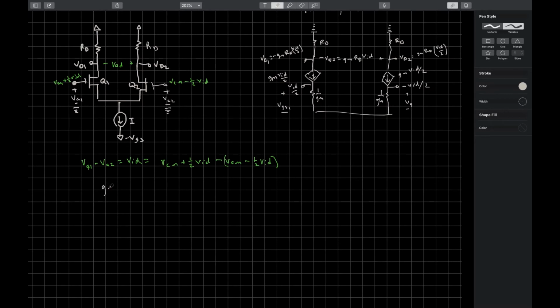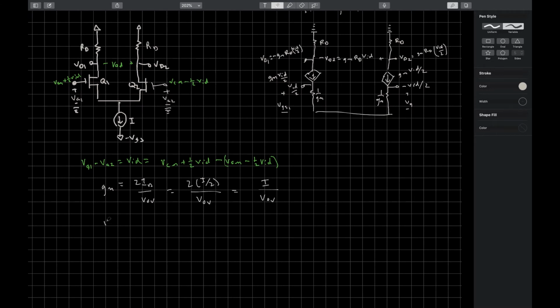So the transconductance GM is generally in a MOSFET transistor circuit 2 times ID over V overdrive, which is actually equal to 2 times the bias current I over 2 over V overdrive, which is equal to just the bias current I over V overdrive.